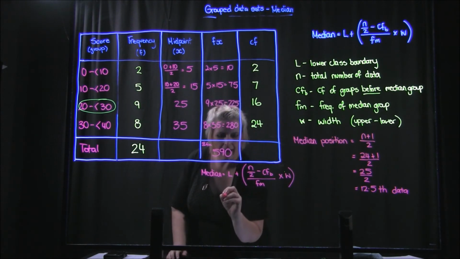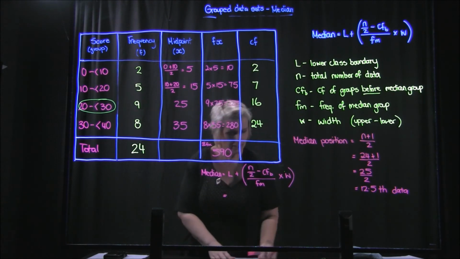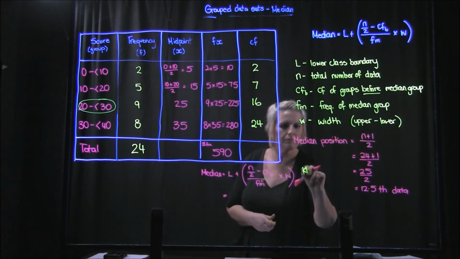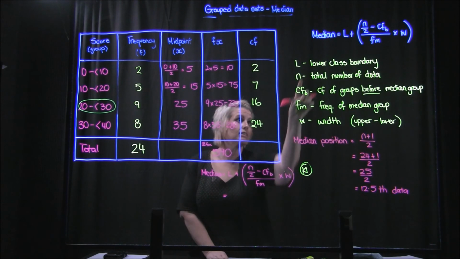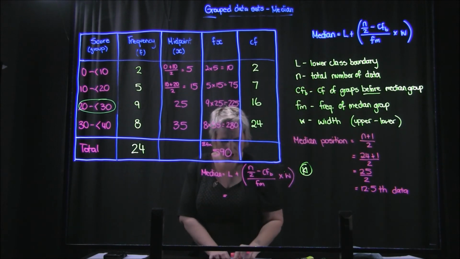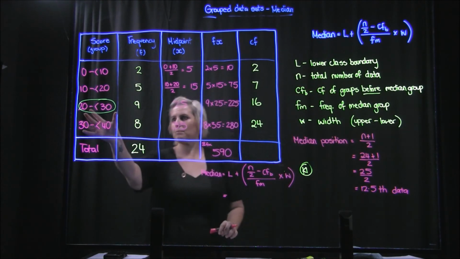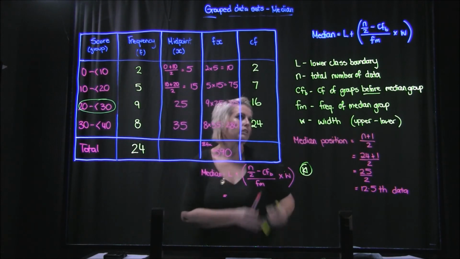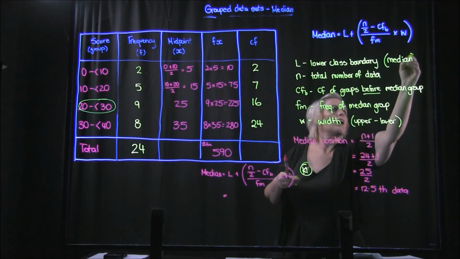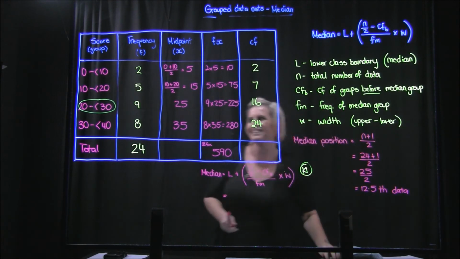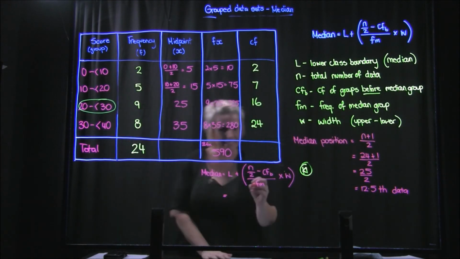Okay, so now I'm just going to sub in. Okay, so that's my K1. Beautiful. Now for K2, I'm going to sub in what I know. So L is my lower class boundary. So my lower class boundary in the median group is 20.